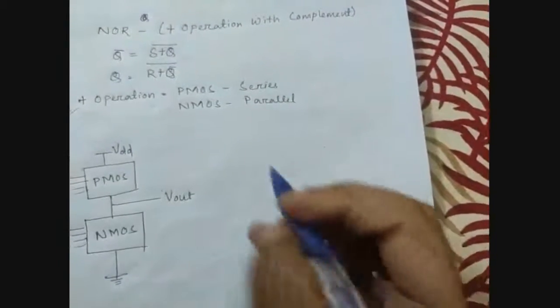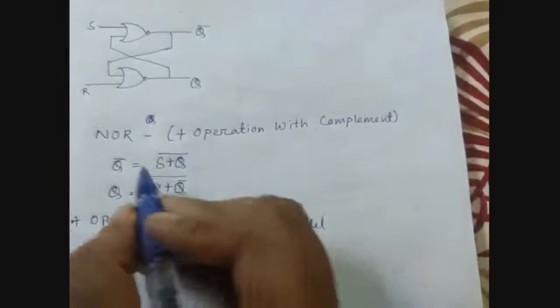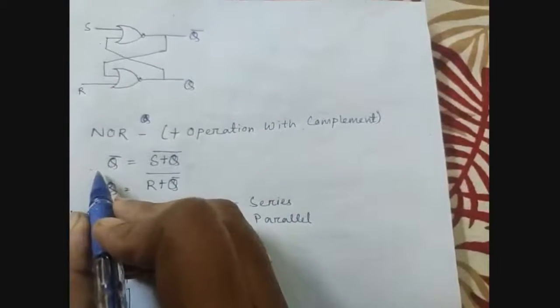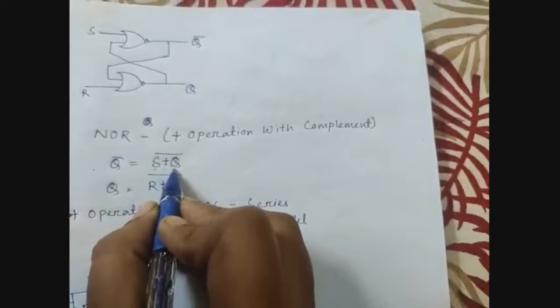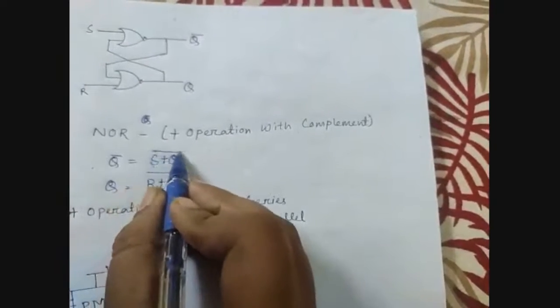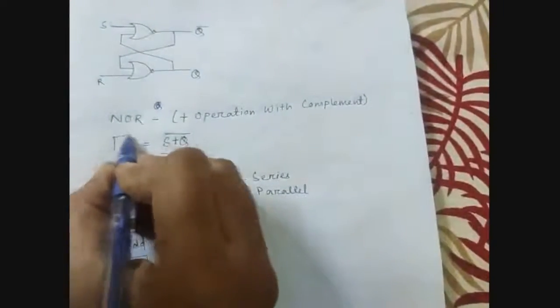So the input to the SR latch, this one is the S plus Q. As it is a NOR gate, the complement is given. So first we draw this equation. Okay.